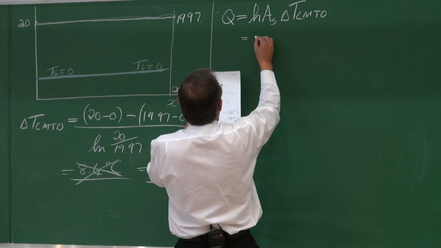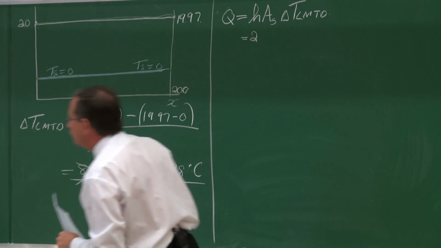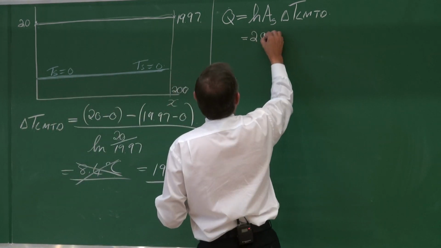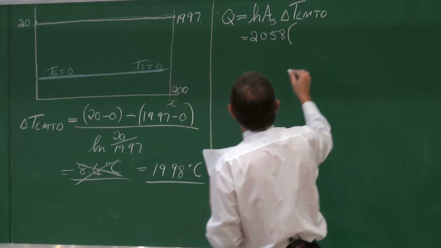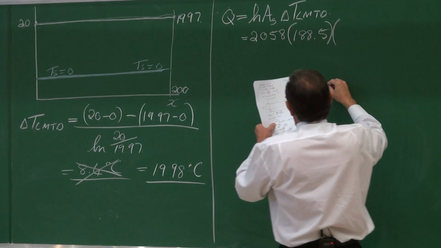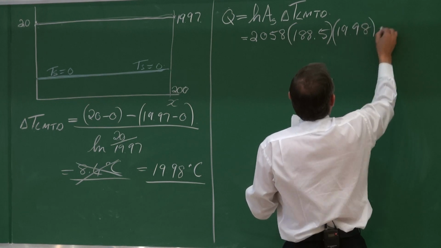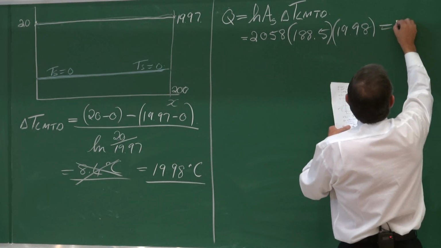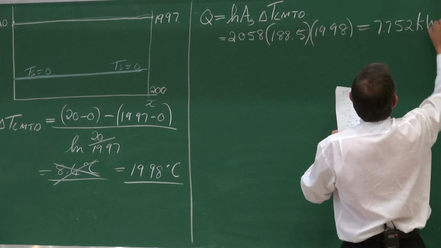The heat transfer coefficient is equal to 2.058, multiplied by the surface area, which is 188.5, multiplied by the LMTD, which is 19.98, and that gives us a heat transfer rate of 7.752 kilowatts.